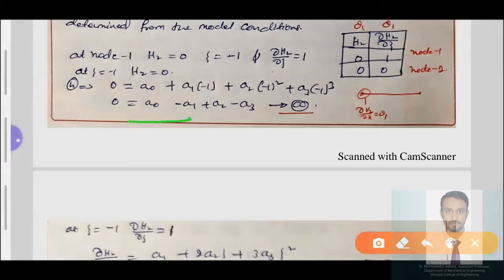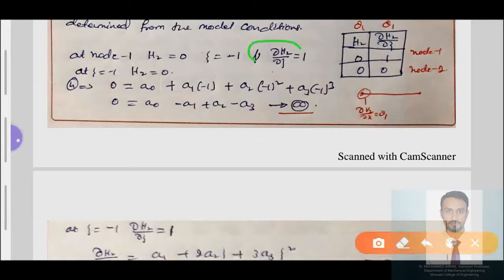Rearranging this equation: 0 = A0 minus A1 plus A2 minus A3. In the previous equation, equation number A, the same equation had the value of 1 here. This 1 has been shifted to the next equation.